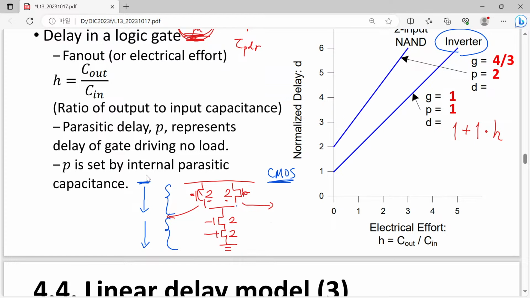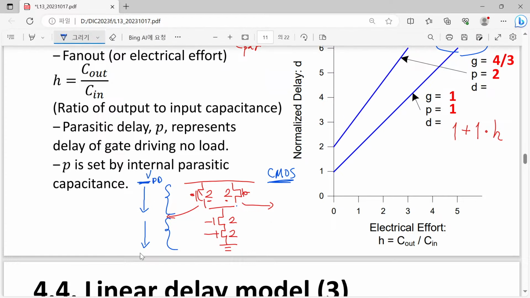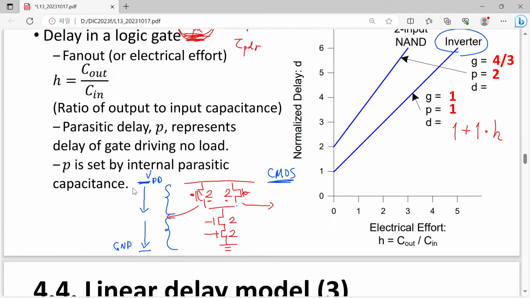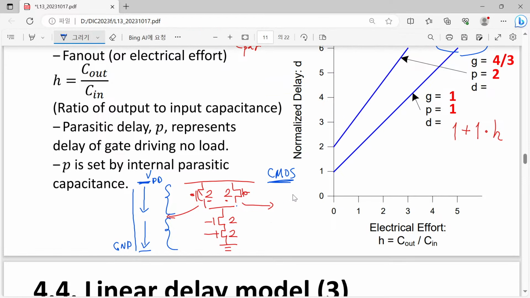this VDD node and ground node. Therefore, there is no chance to have direct conduction between them. In some cases, depending on the combination of our input variables A, B, we can have 0, 0, 0, 1, 1, 0, or 1, 1.